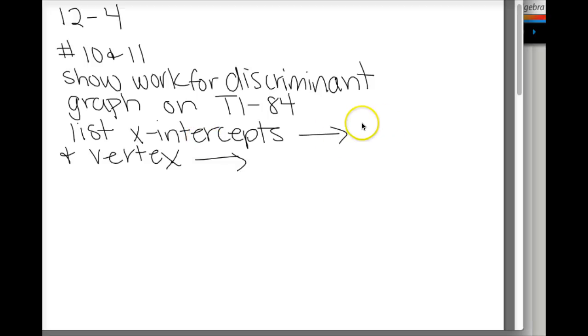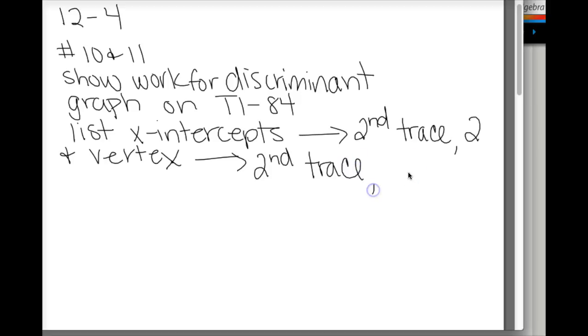The x-intercepts you find by doing second trace, choice 2, the zeros. The vertex you find by second trace, either choice 4 if it's a maximum or choice 3 if the vertex is a minimum. So again, we're going to look at an example of running through that.